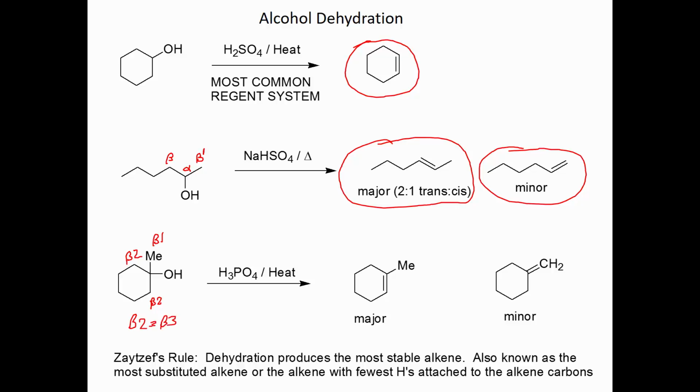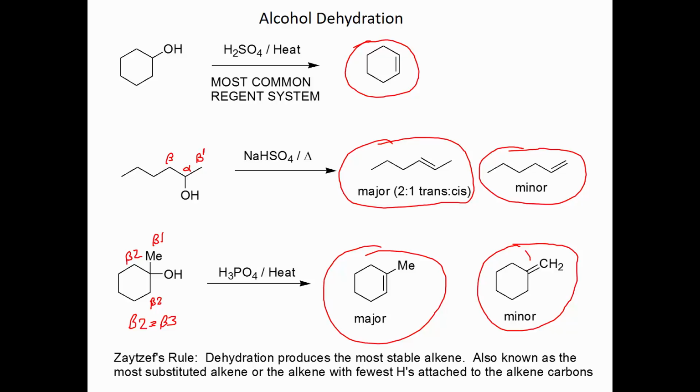What we find here is that our elimination reaction produces predominantly the products from taking a hydrogen off of beta 2 or beta 3. And our major product is this alkene, the tri-substituted alkene. The disubstituted alkene is only a minor product.